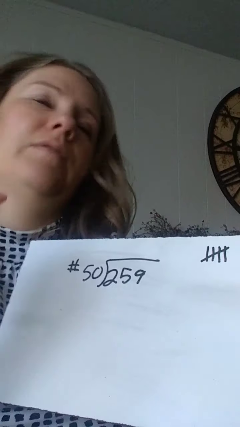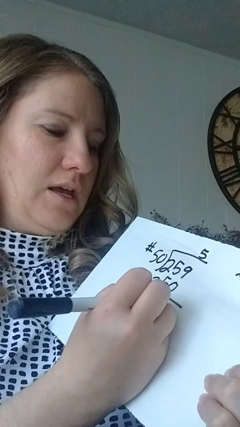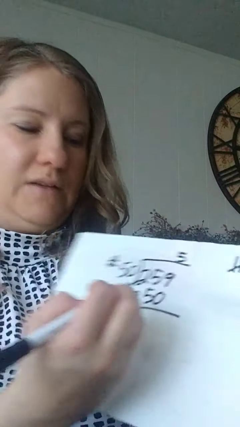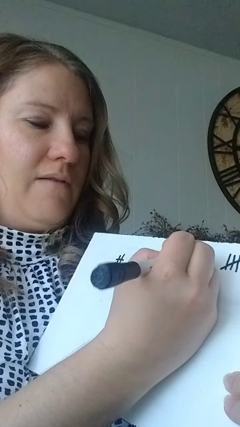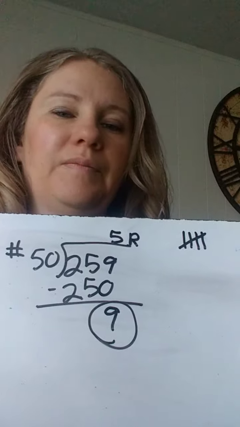So we know that 50 goes into 250 5 times. And it is 250, so we'll subtract. And 259 minus 250 is 9. So we'll have a remainder of 9. So I'll let you finish writing that down.